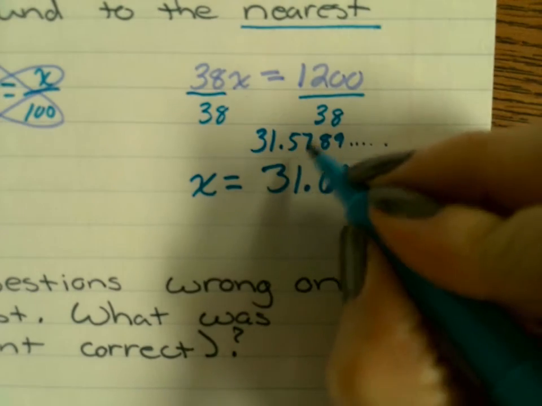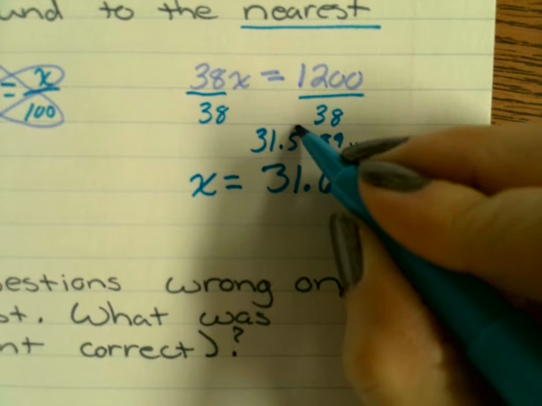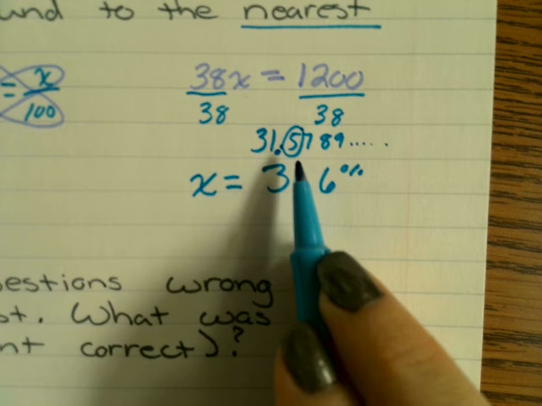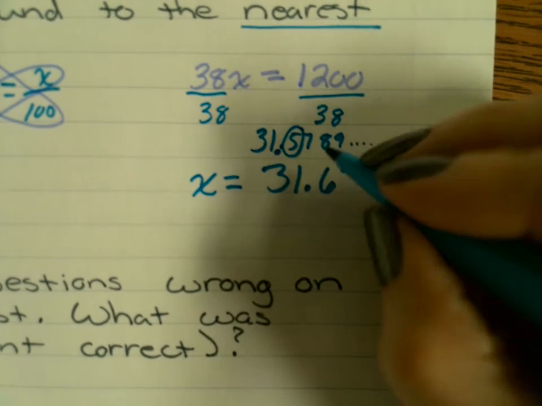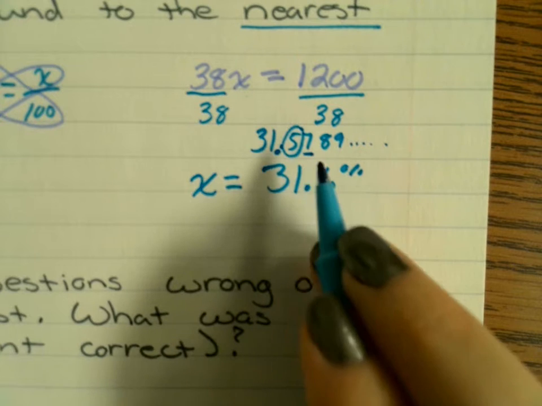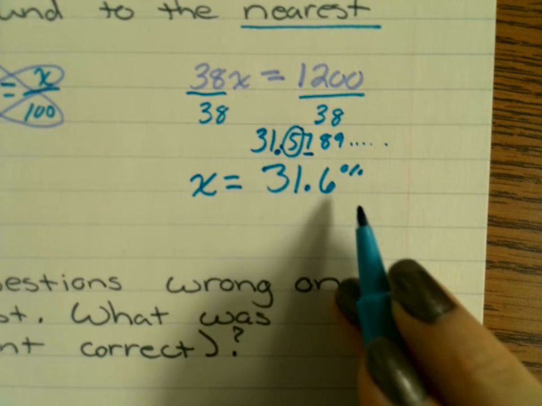The 10th place is the one number behind the decimal, so we need to look at the number directly behind it to tell us whether we're going to keep it as a 5 or round it to a 6, which we would round up to the 6, so 31.6.